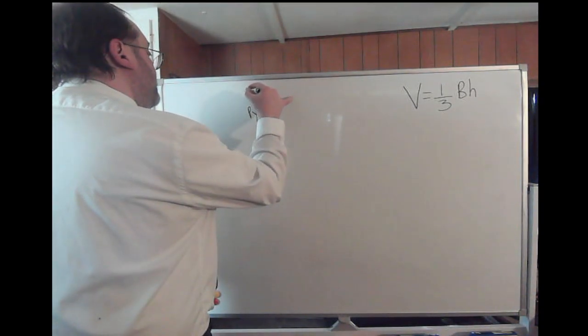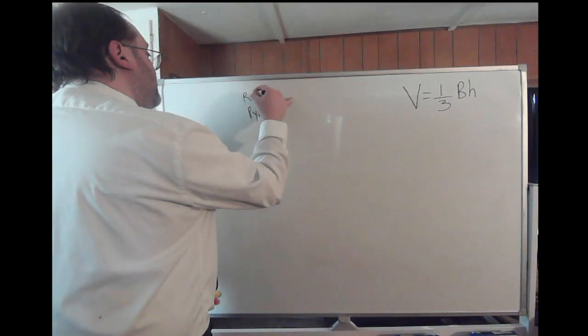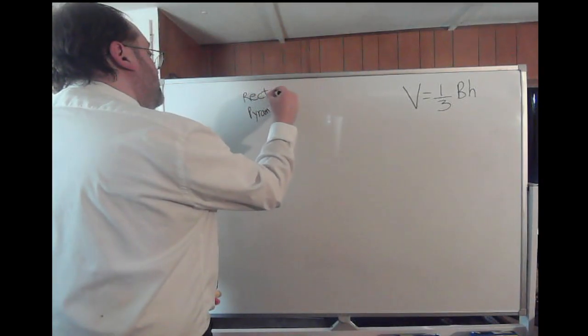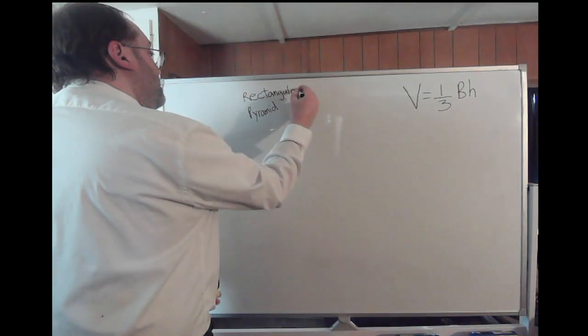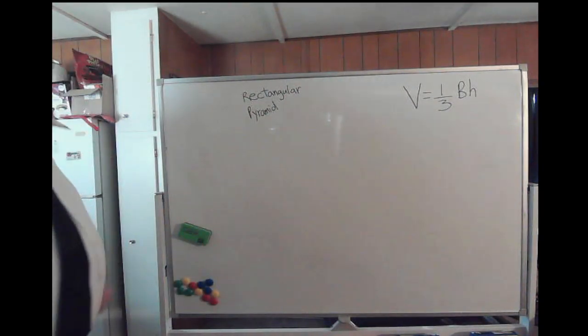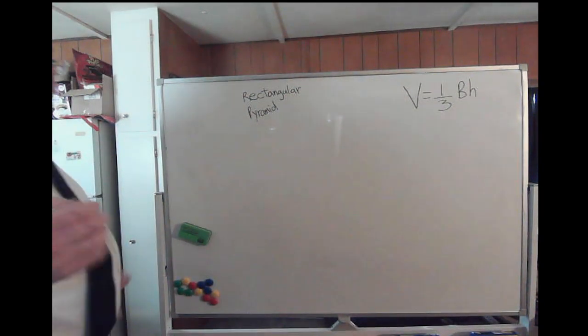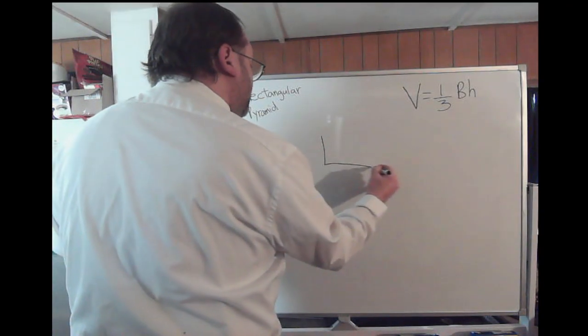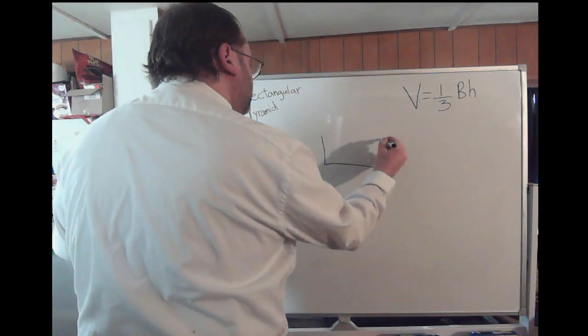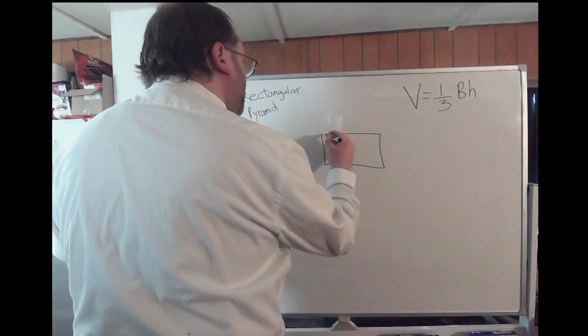You can have a pyramid with any base. It could be a triangle, it can be a pentagon, you name it. But I'm just going to show you the most common types, being rectangular as well as square.